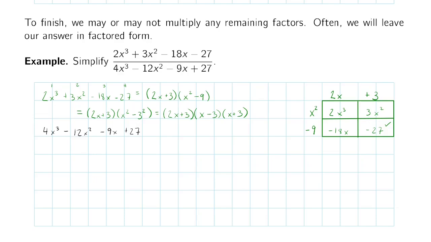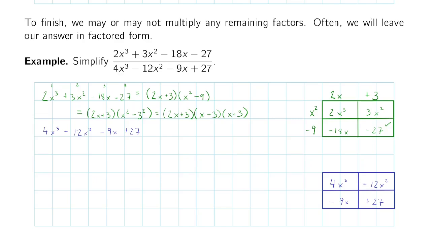Next, we're going to do the same thing with our denominator. We're going to factor it fully. So again, four terms, we start out by grouping. We've got our 4x^3 - 12x^2 - 9x + 27.